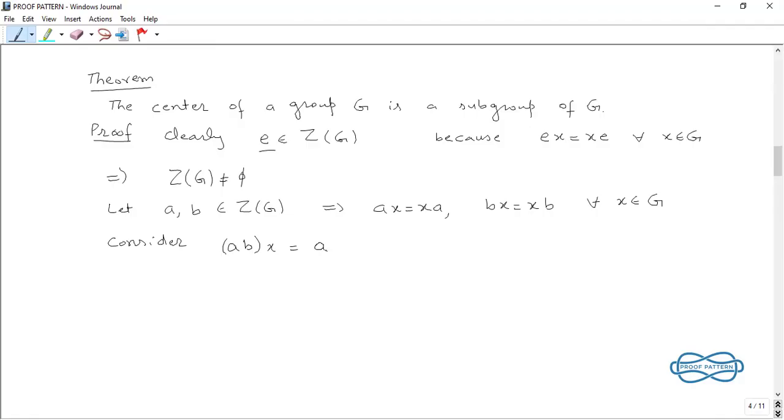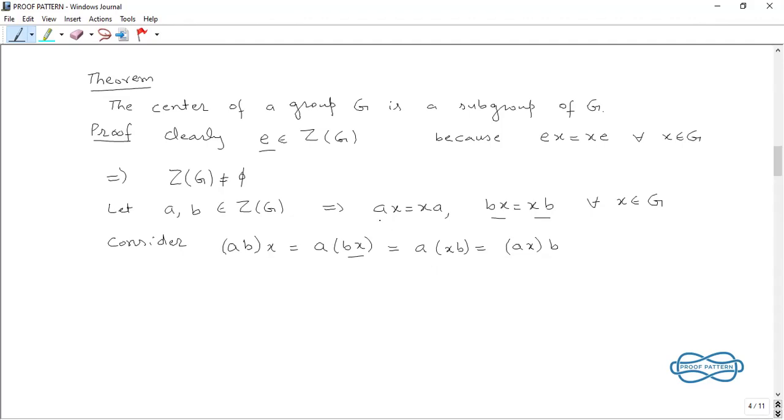So a into bx, and we know that this bx is actually equal to xb. So we can write it as a into xb. Also, now the associative law can give us axb.